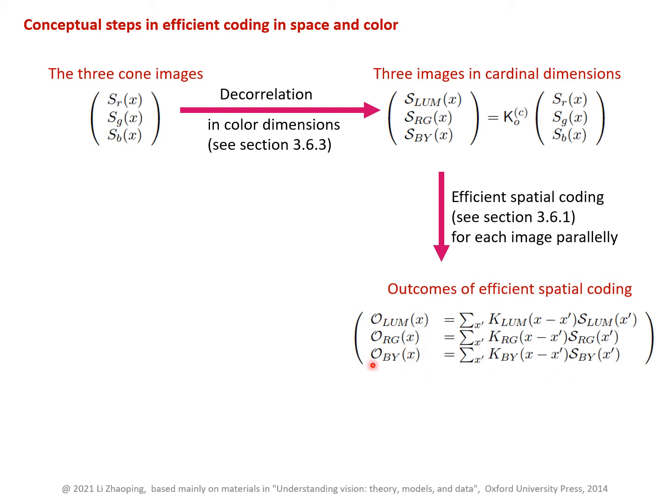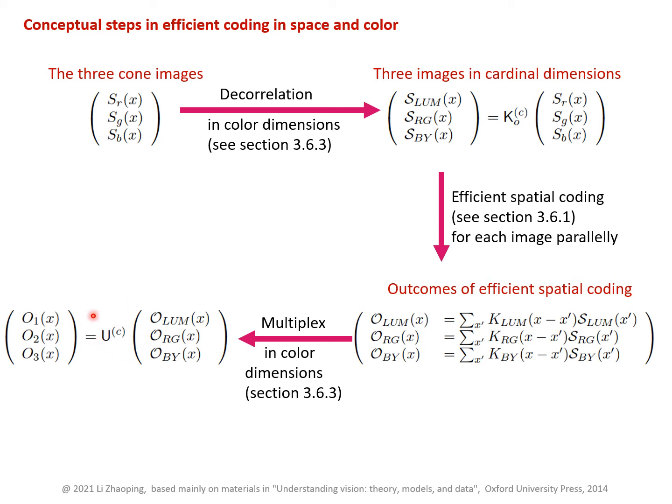And this gives us three separate, spatially efficiently coded channels. Now you can then do the multiplexing in the color dimension, and this we have learned in efficient color coding. It's just a 3D rotation in color space, which can be, for example, the inverse of this three-dimensional rotation. And you take this out into this encoded form, which is efficiently coded both in space and in color.